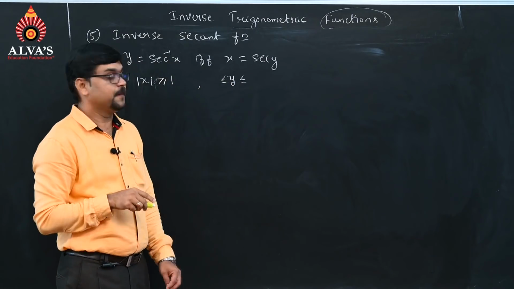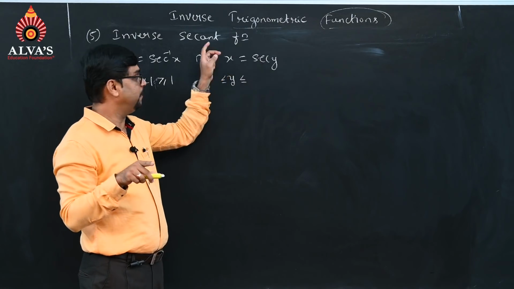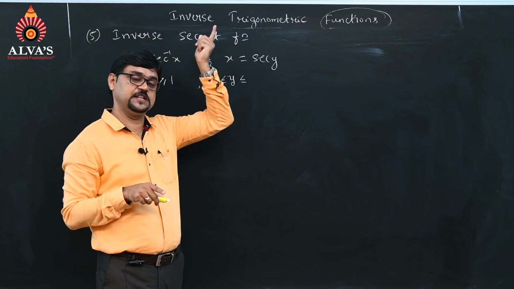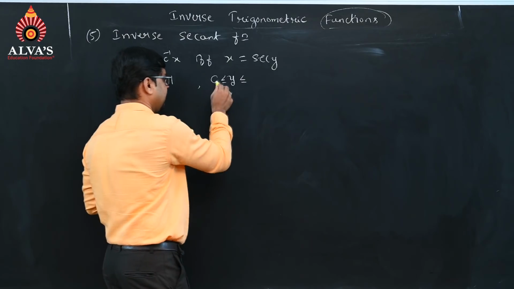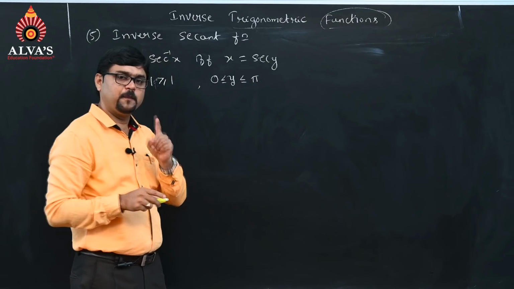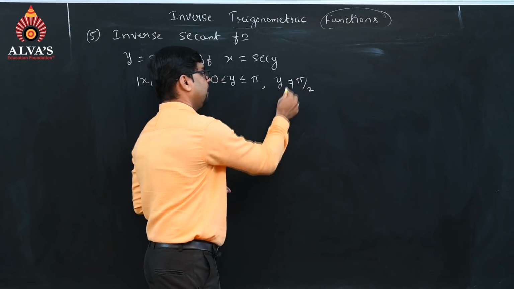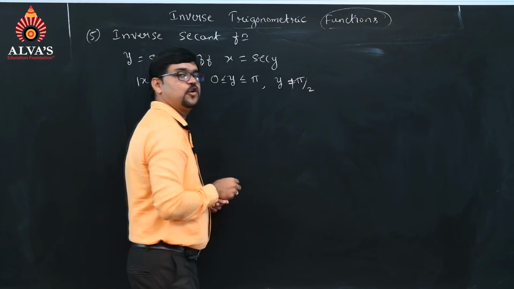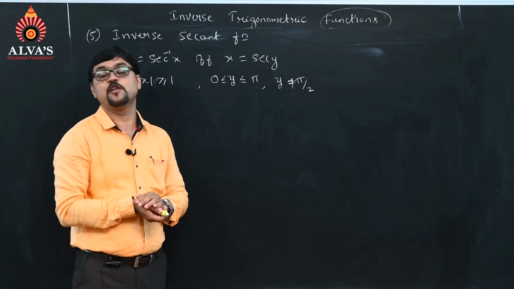Again, same method: secant is the reciprocal of cos, so better refer to the range of cos inverse, which is defined for the closed interval 0 to pi. Here also it is 0 to pi, but one angle we cannot define, that is y not equal to pi by 2, because cos pi by 2 is 0, so secant pi by 2 cannot be defined.